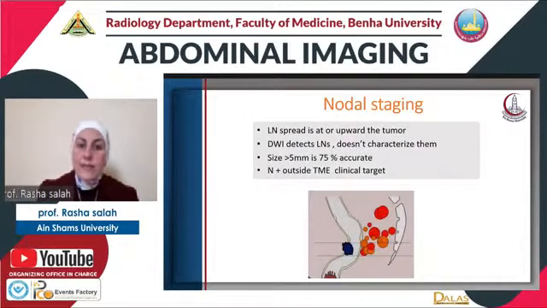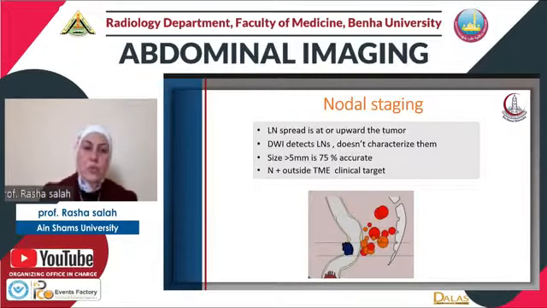As regards nodal staging, MRI is very helpful. We can assess the lymph nodes, usually at the level or above the level of the rectal mass. The lymph nodes are usually seen within the mesorectum, and we classify the lymph nodes into two major groups.